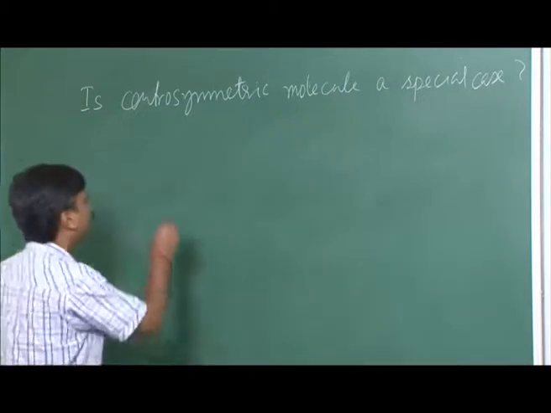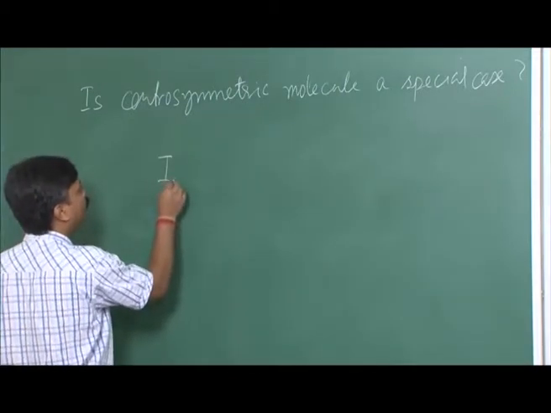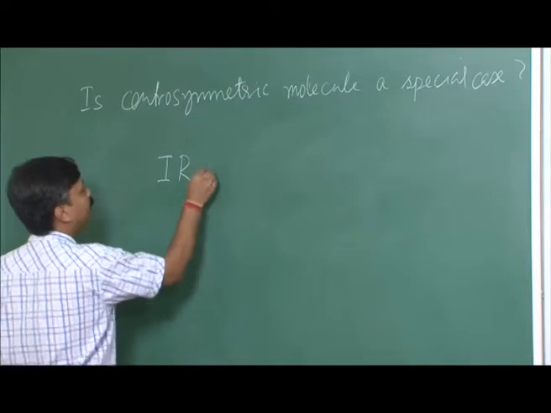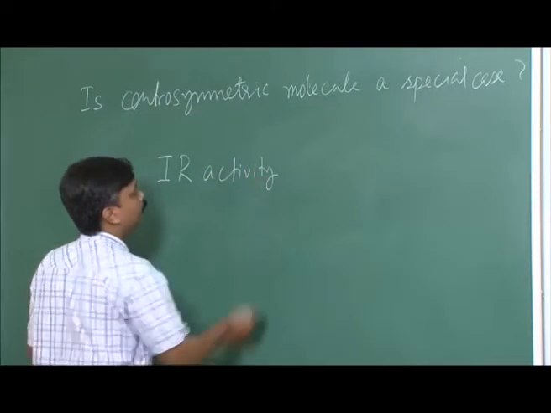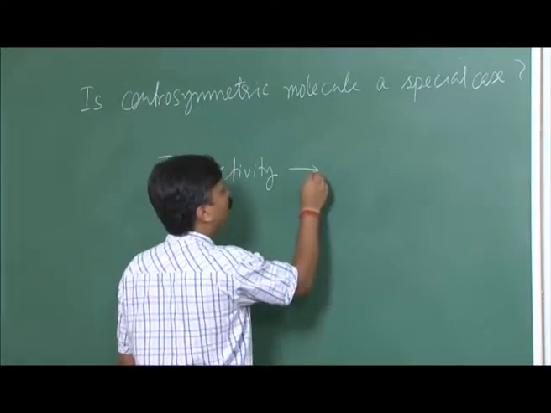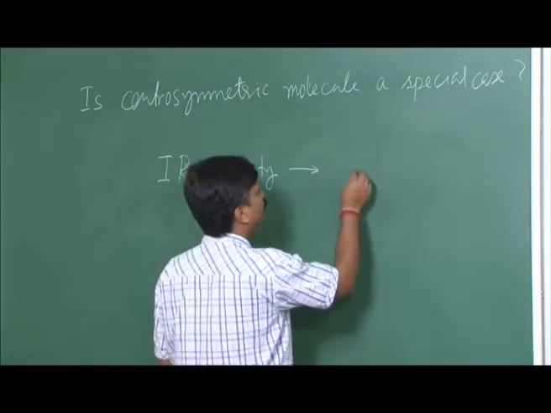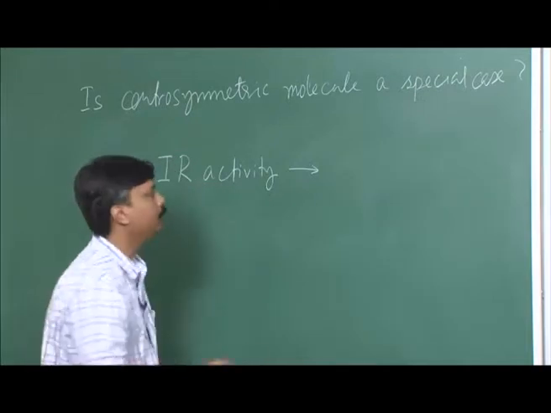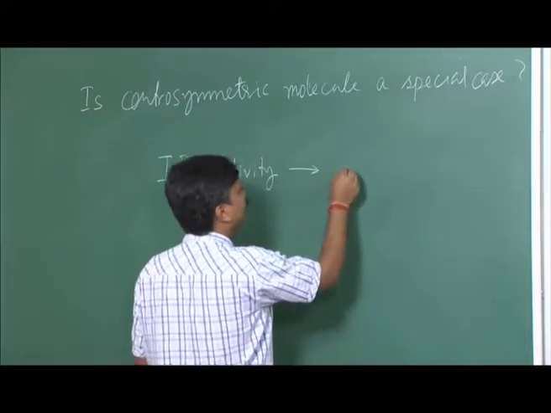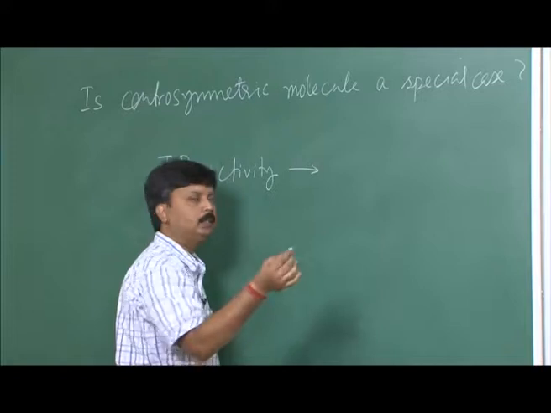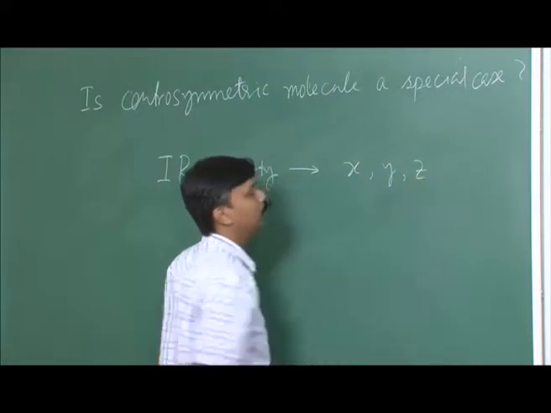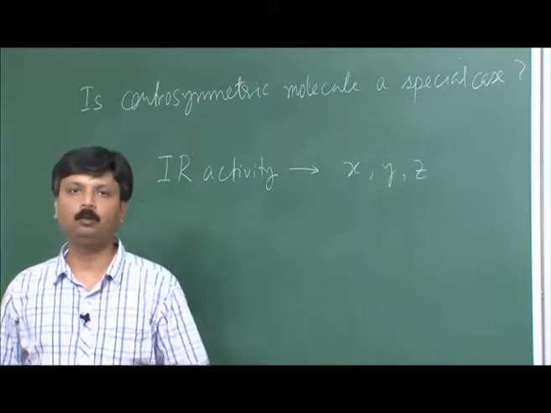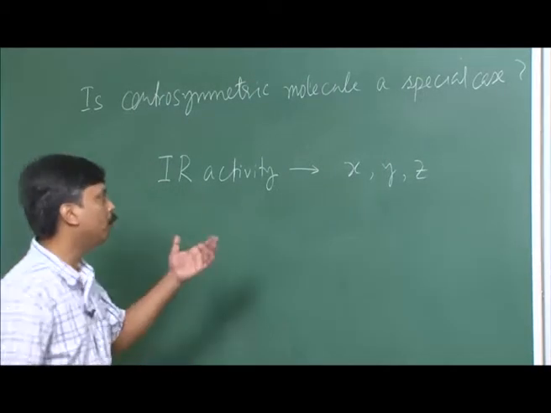So for any mode to show infrared activity, the normal mode should transform as the irreducible representation that has either x or y or z as basis. It may be more than one also.